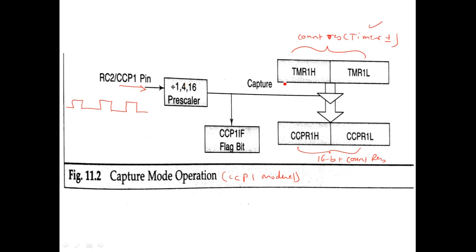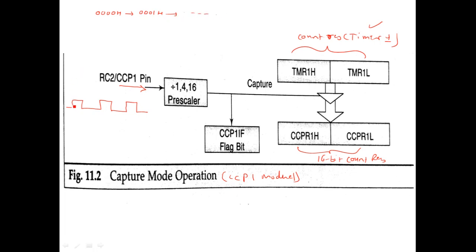When your timer is operated in the free running mode, suppose initially you load the timer with count 0000 and you start the timer. Then the timer will start running and the count will go on incrementing like this.